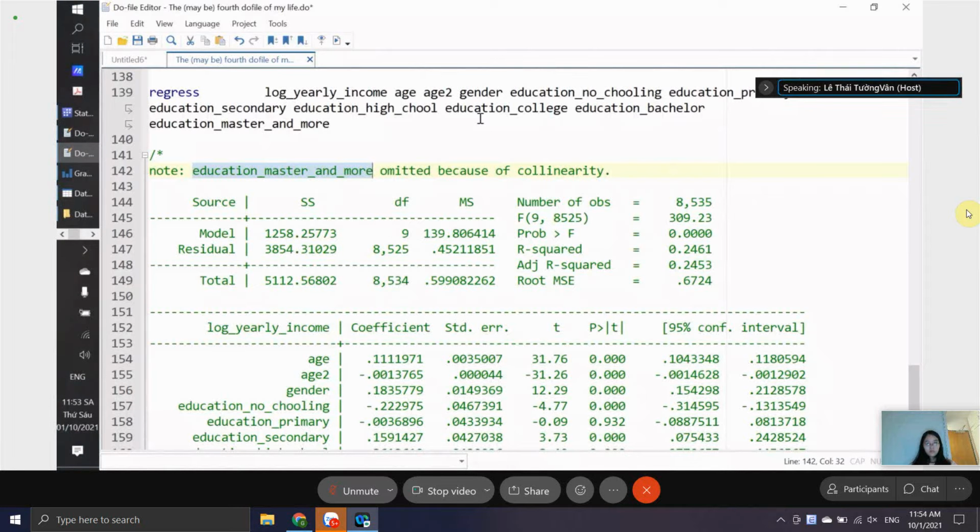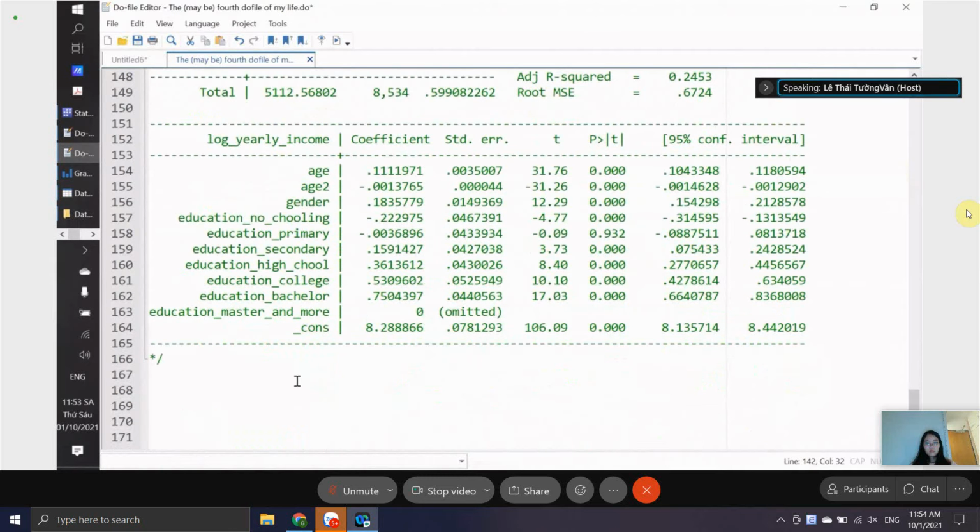Now this is the punchline. In order to avoid multi-collinearity, we have to omit one group and consider that group to be the base group.